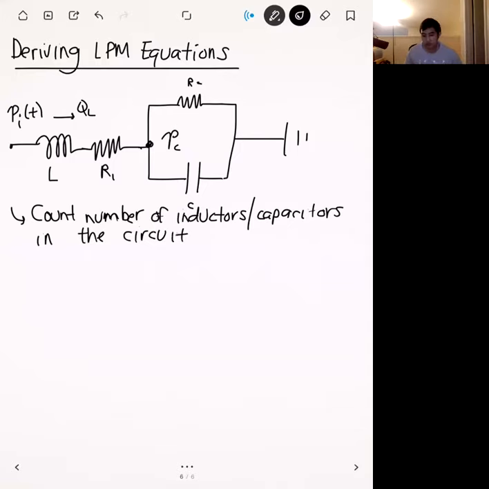Then this number will tell you how many equations we need to solve for in the end. Here, we have one inductor and one capacitor, and so this tells us that we're going to need to find 2 equations.